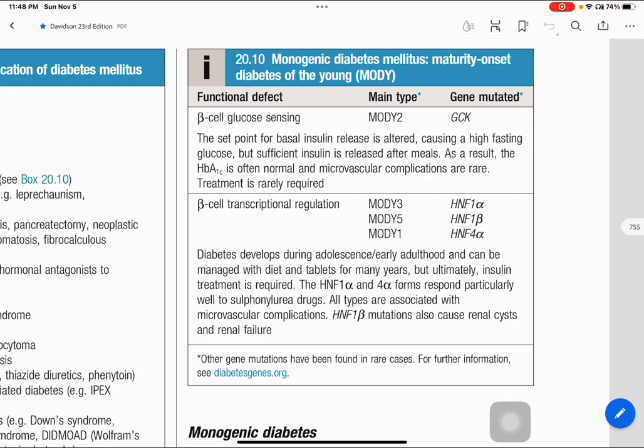We can tell 3 is associated with 1 alpha, 5 is associated with 1 beta, then again come down to 1, it is with 4 alpha. But MODY2 is associated with GCK gene mutation. So this is all about the classification of diabetes mellitus.